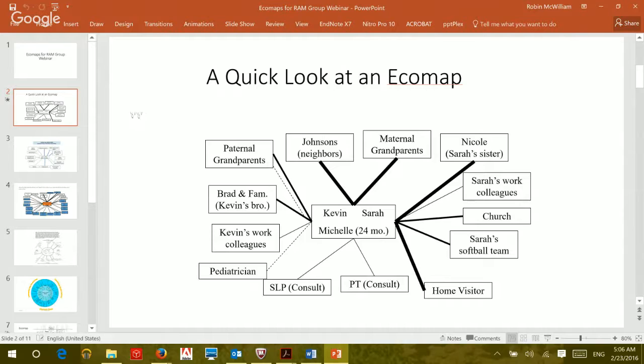early intervention professionals. For informal supports, in the United States, we often ask about spiritual life or religious life, because this is a very religious country and many families do get a lot of support from their churches. And in almost all cultures we also ask about work.